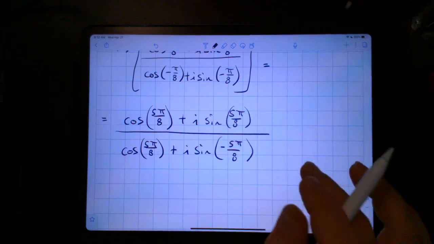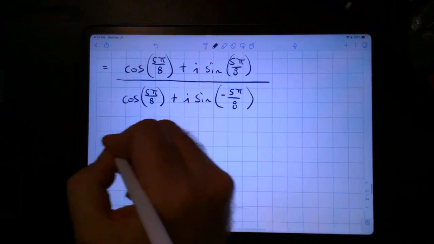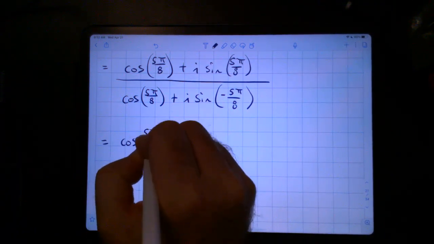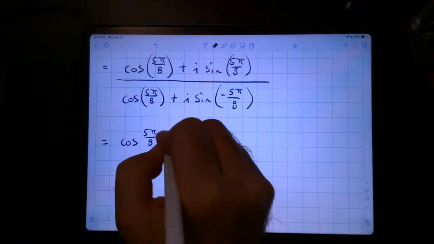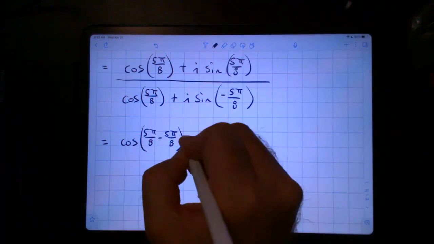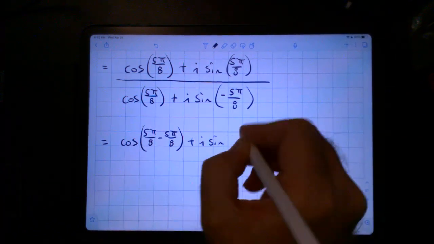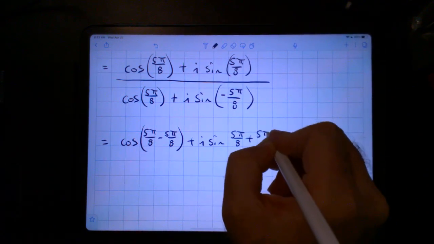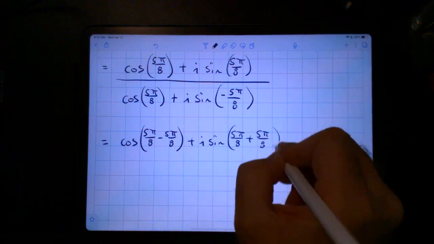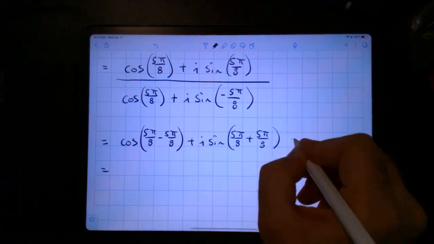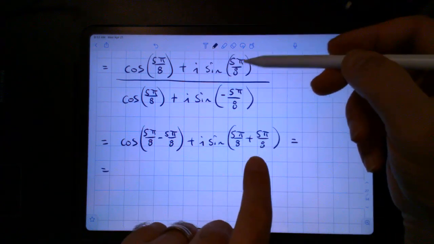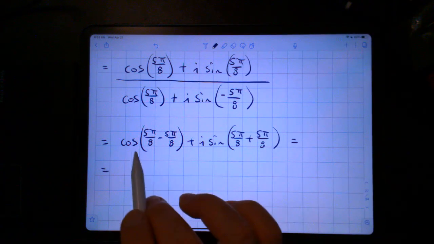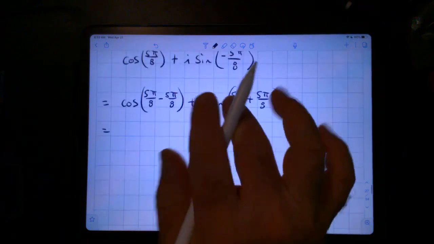So let's subtract their arguments. When I distribute the negative, it turns into a positive. So this is cosine of 0. Cosine of 0 is 1.